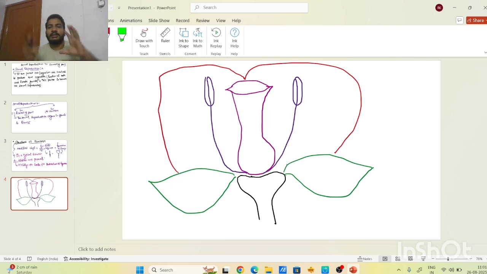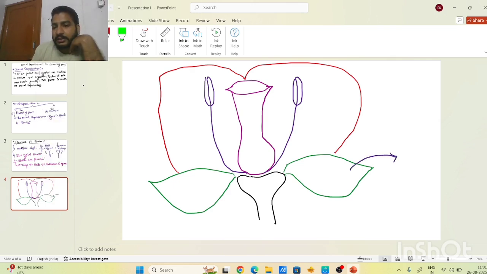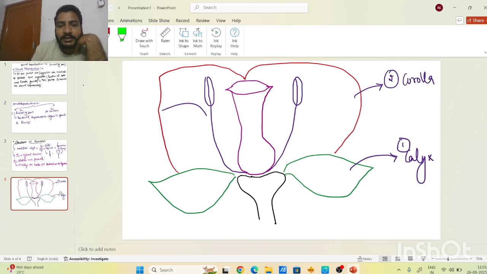Like this is a typical flower structure in which four parts are present. The first one, this part, is known as calyx. The second one, the red part, is known as corolla, and the third part is also known as the stamen and androecium.